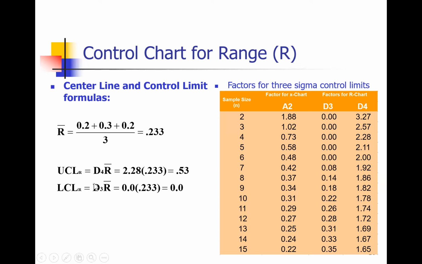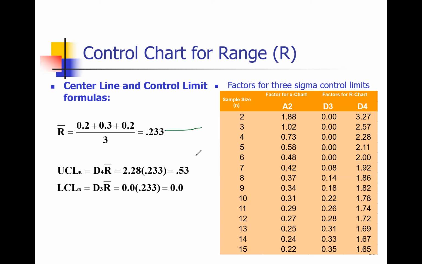0.53 is the upper control limit. Lower control limit is D3 multiplied by R bar. D3 here is 0, isn't it? So the lower control limit is 0. So what is the central line?